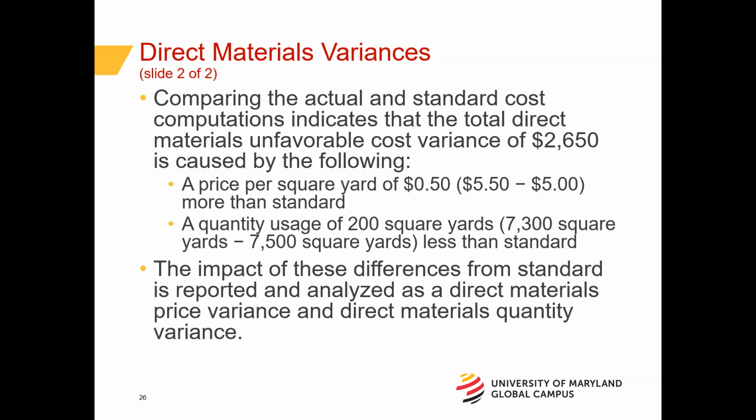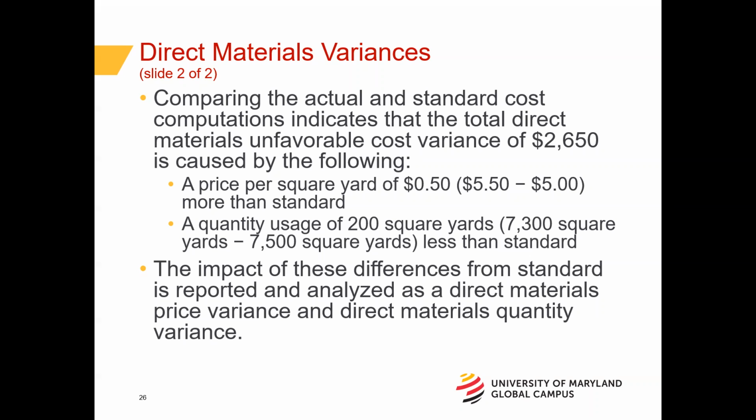And then looking at the quantity used, apparently we used 200 square yards less of material. We planned on 7,500 square yards. We only used 7,300 square yards. These two differences from the standard are reported and analyzed in the price variance of direct materials and quantity variance.